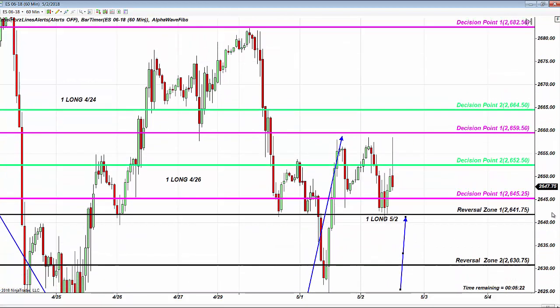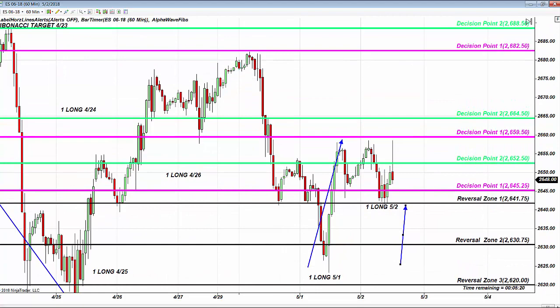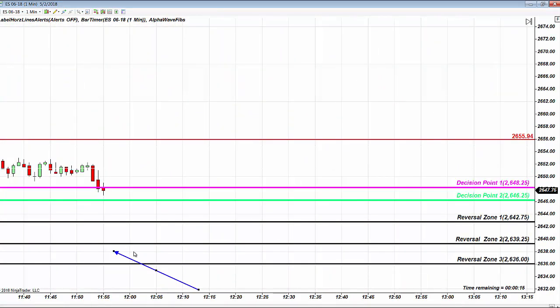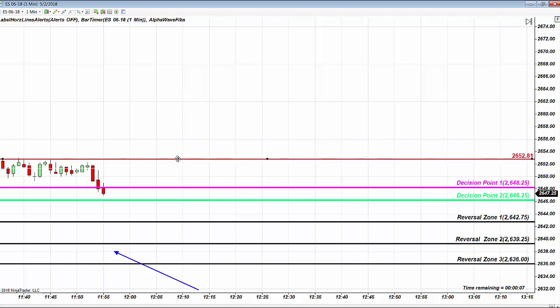Identified weeks in advance, in play on the 1 minute chart. Every day, every time, in front of you. A knowledgeable trader right now adjusts his trail very, very carefully. This is where the market will become very interesting if buyers step in.